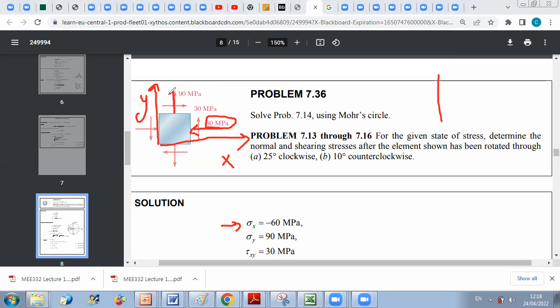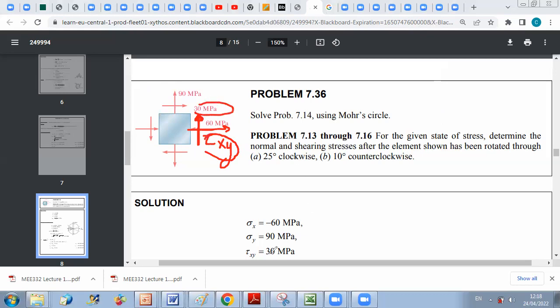Along Y, you have tension. So sigma Y is plus 90. Now for tau xy, we can look at this arrow here. This is tau xy. You have that the normal vector is along positive x, and the shear vector is along positive y. So this is a positive tau xy. So tau xy is plus 30 megapascal.